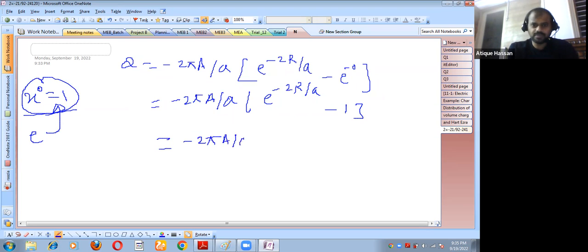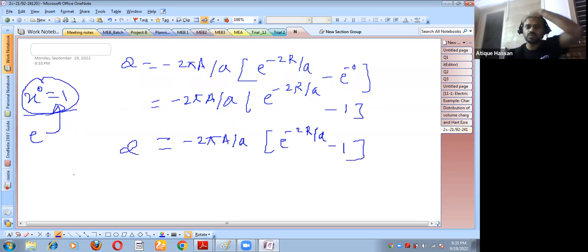2π a upon a, e to the power minus 2R by a minus. Now after this question I will say why it is 1. So let us see.